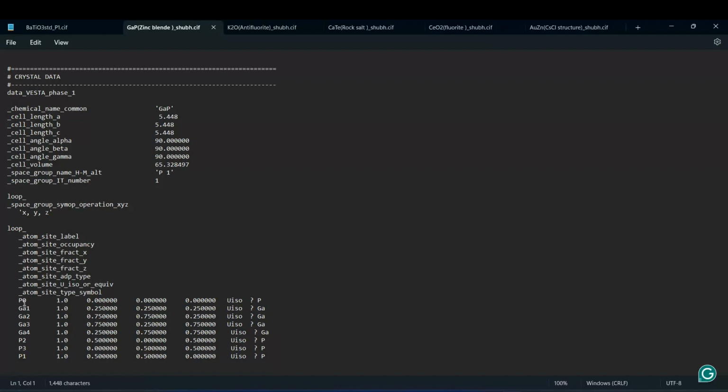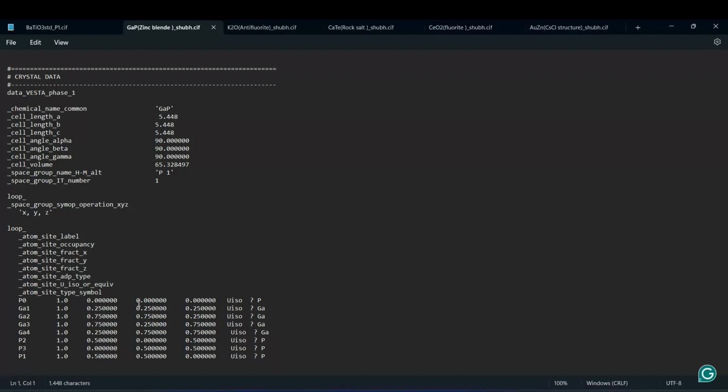And similarly, we know that in the zinc blende structure, gallium is occupying the alternate tetrahedral voids, and phosphorus is creating the FCC. So there are four kinds of phosphorus, and their percentage occupancy is 100% of whatever site they are occupying.